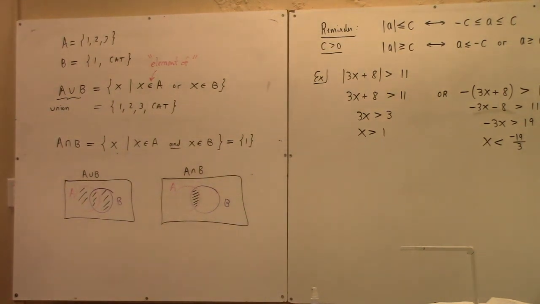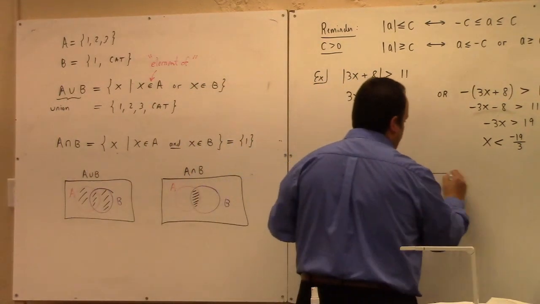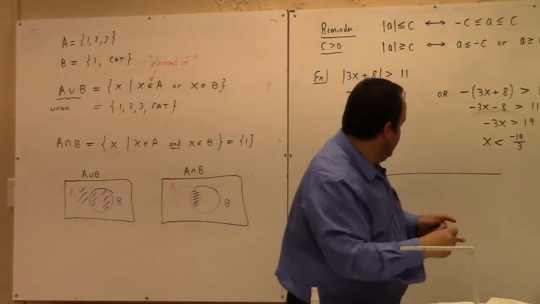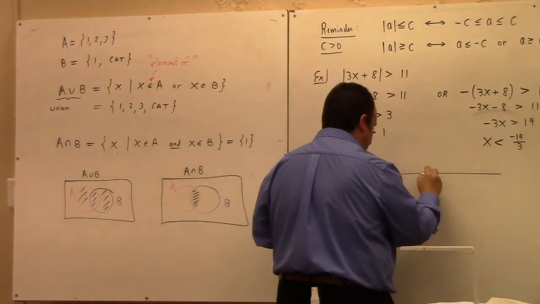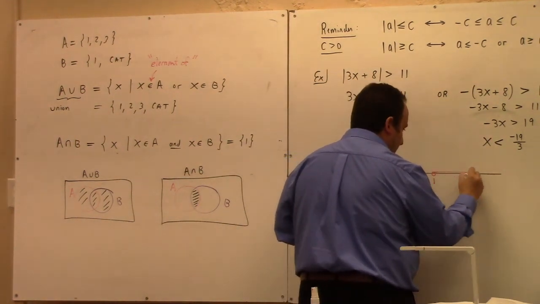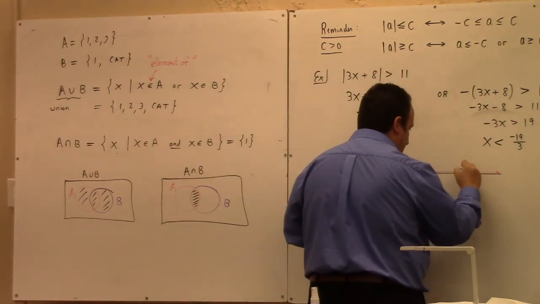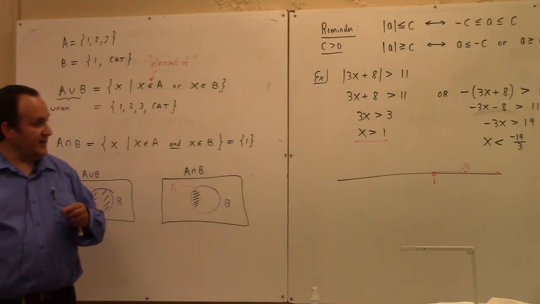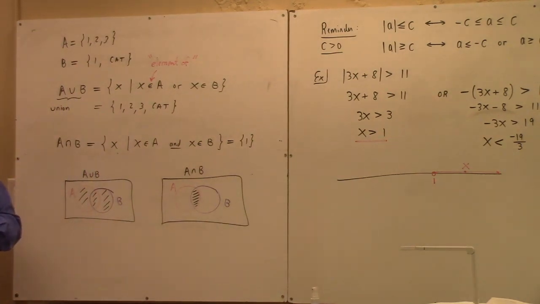Now we can draw a number line, and I'll use red for this one. 1 is here, so this x is somewhere to the right of 1, greater than 1.